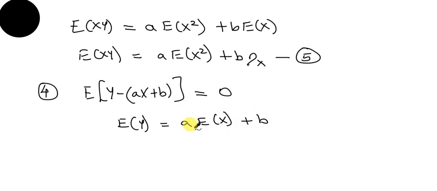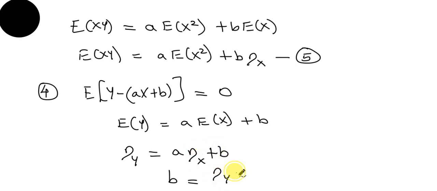But what is E of x? Eta x. And what is E of y? Eta y. So I will have eta y equal to a into eta x plus b. So this gives me b equal to eta y minus a into eta x.